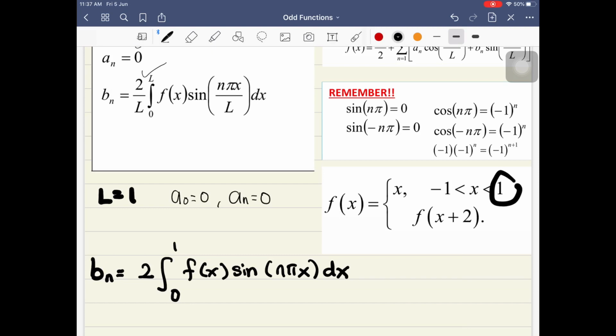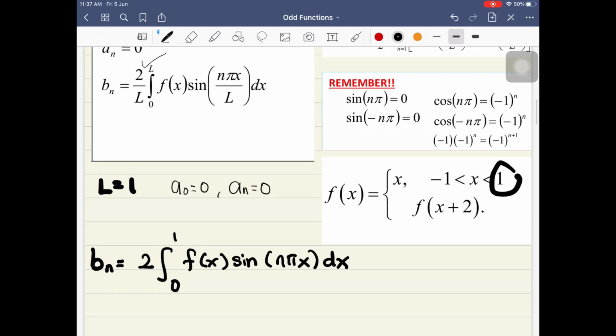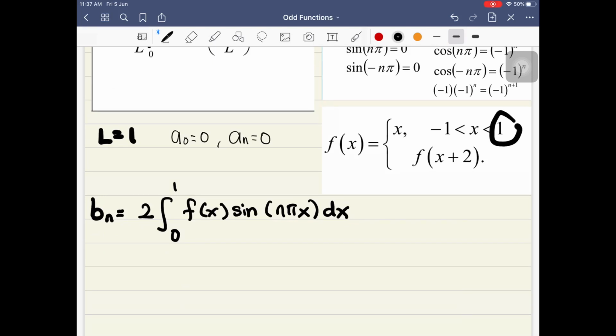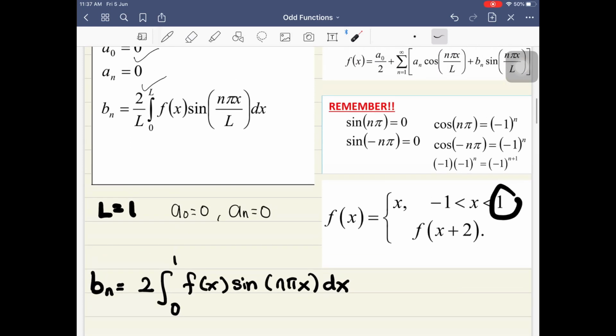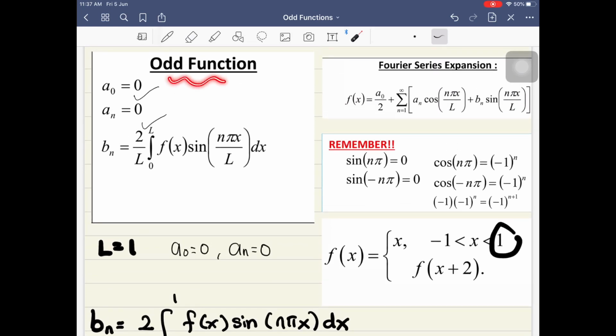Okay, since your L is equal to 1. Take a look at your periodic function here. Your interval or your range is from -1 until 1. But since it is an odd function, and we consider the positive part, you need to start from 0. So your lower limit will be 0.